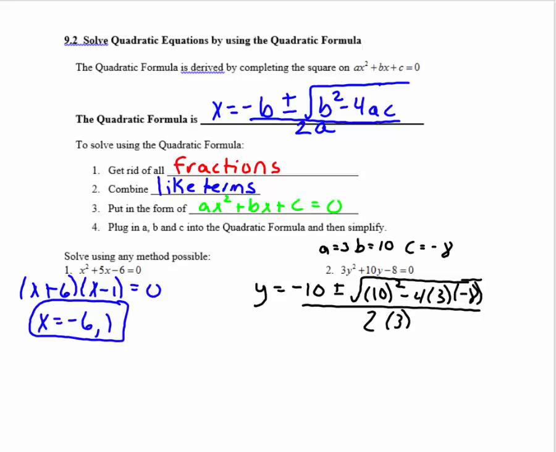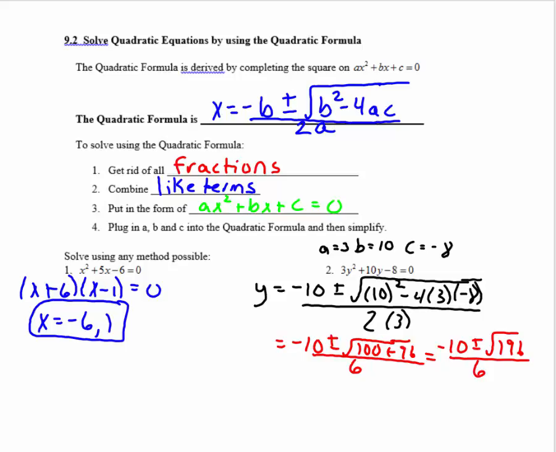So then we get y equaling negative 10 plus or minus the square root of 10 squared is 100 minus 4 times 3 times a negative 8, which actually gives you a plus 96, all over 2 times 3 is 6. So we end up with negative 10 plus or minus the square root of 196 all over 6.